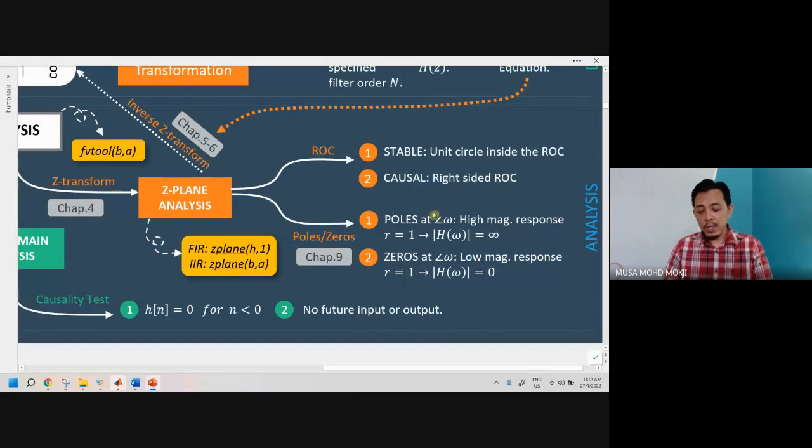So actually, the one that we skip is this one, poles and zeros. This is chapter 9. In chapter 9, what is the relationship between poles and zeros with the magnitude response? The main reason is that we have a lot of breaks and holidays, and I just want to find some class replacement.